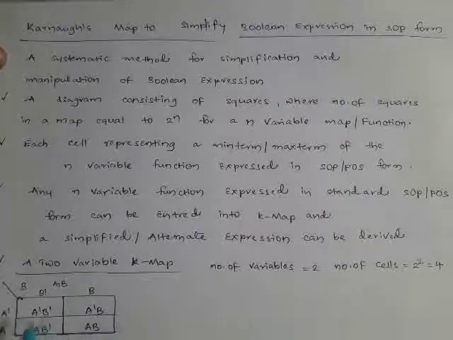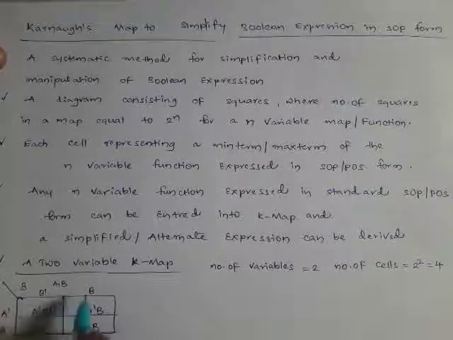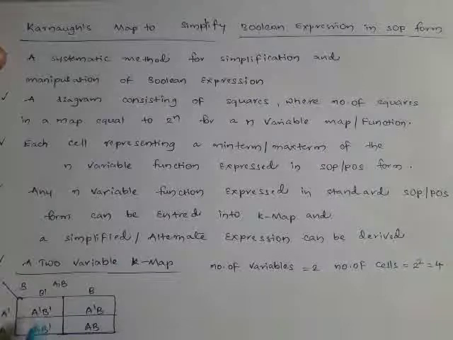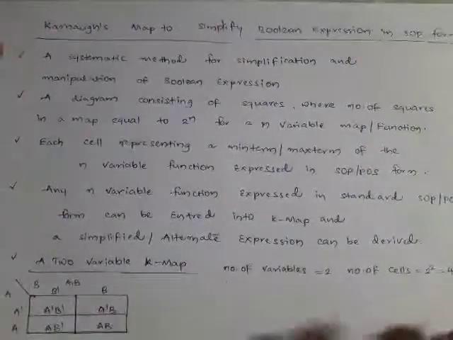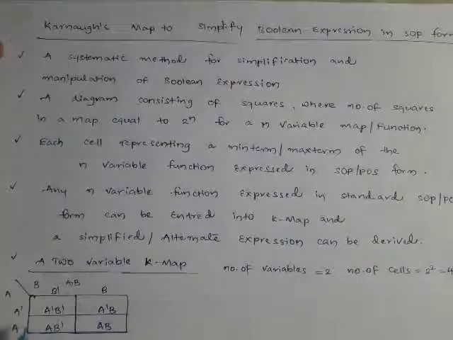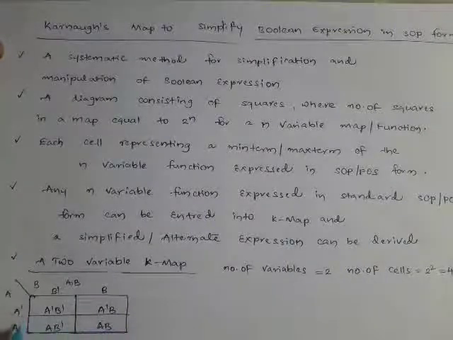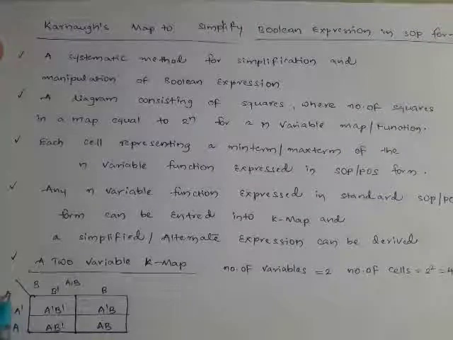Now you can see how the two variable K-map came up. Since there are two variables and each variable can take a value of 0 or 1, we got two rows and two columns. We assume that a represents the rows and b represents the columns.